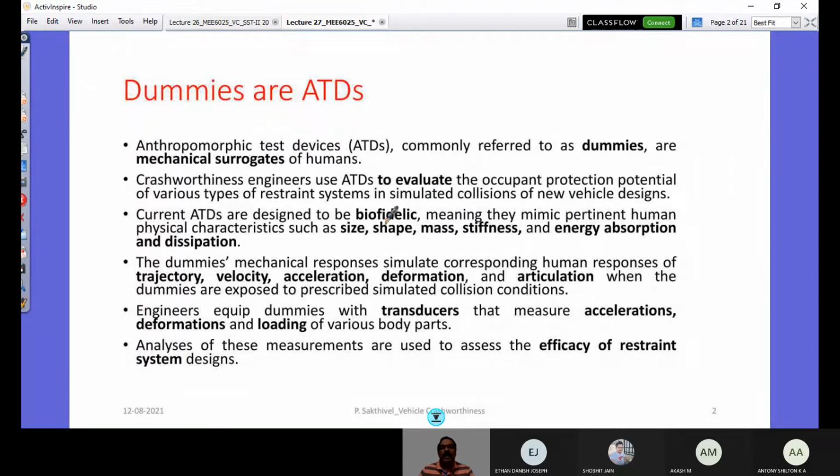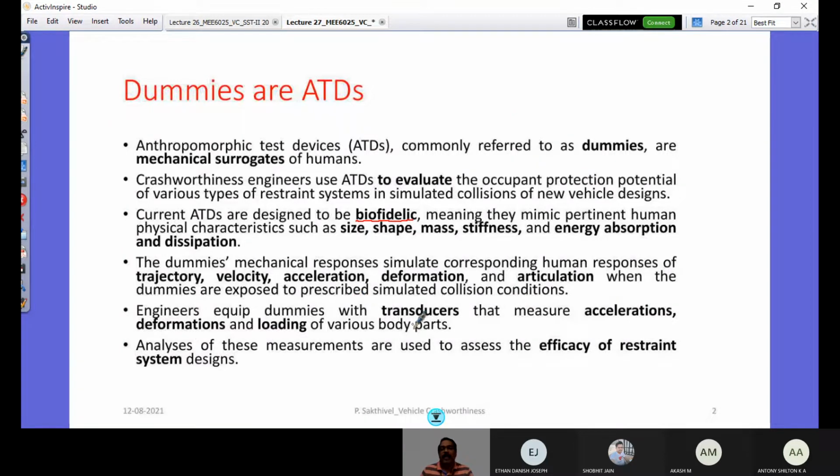Current ATDs are designed to be biofidelic. Biofidelic means that they mimic pertinent human physical characteristics such as size, shape, mass, stiffness, and energy absorbing and dissipating characteristics of a human. The dummy's mechanical responses simulate corresponding human responses of trajectory, velocity, acceleration, deformation, and articulation when the dummies are exposed to prescribed simulated collision conditions.